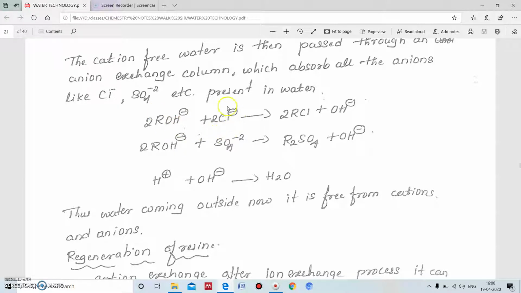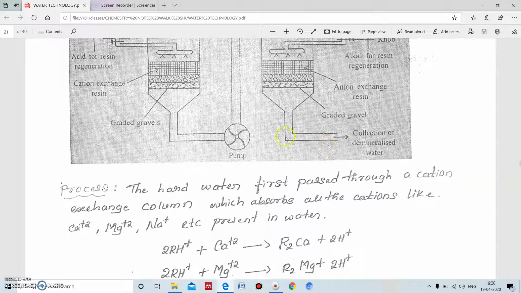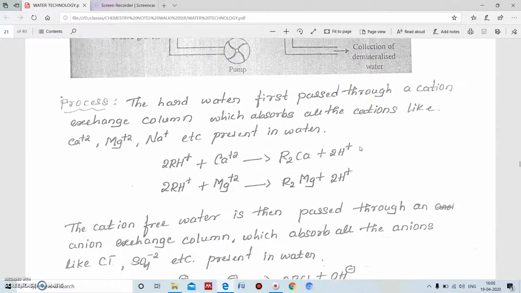For example, the Cl- ion present in the water is exchanged with the OH- ion, where Cl- sits in the structure of the resin and the OH- ion becomes free and is donated into the water. Here the cation exchange resin has already donated H+ ion and OH- ion is donated by the anion exchange resin, and they combine with each other and produce water. The water coming out is completely free from high concentrations of dissolved salts.